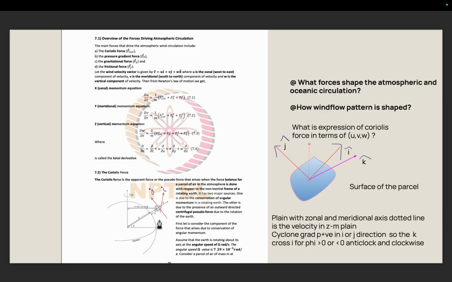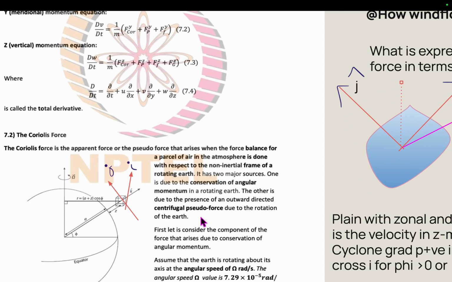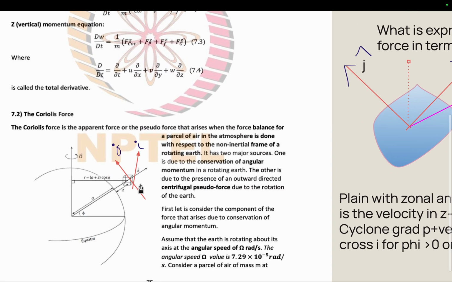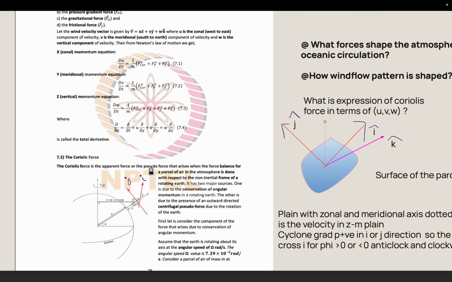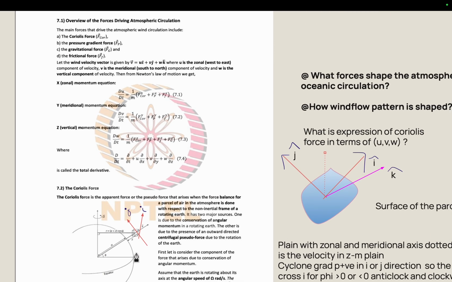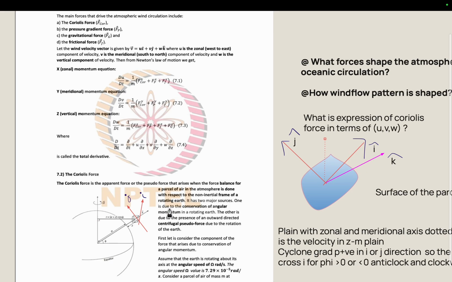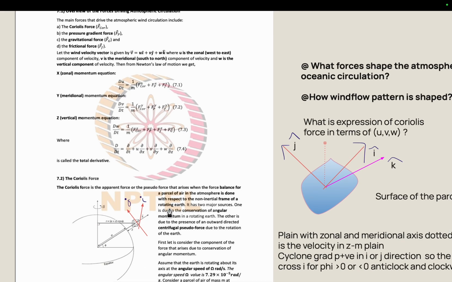Here in this picture you can see this air parcel has been put in the northern hemisphere where phi is positive, while in the southern hemisphere phi is negative. All these equations were derived using this northern hemisphere image, but while calculating you can put phi negative for the southern hemisphere.